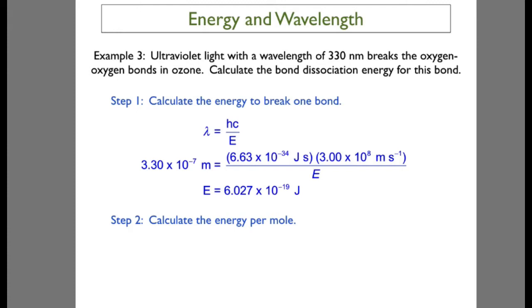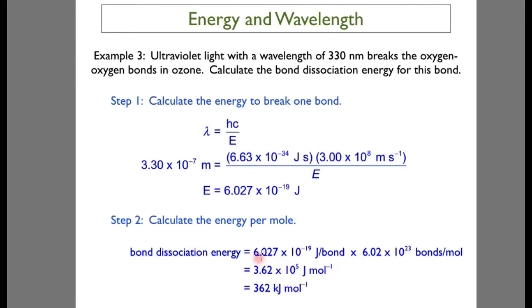We can rearrange the formula and just plug in Planck's constant, the speed of light, and the wavelength given in the question, which is 330 nanometers, and that converts to 3.3 times 10 to the minus 7 meters. And then we calculate the energy per mole.